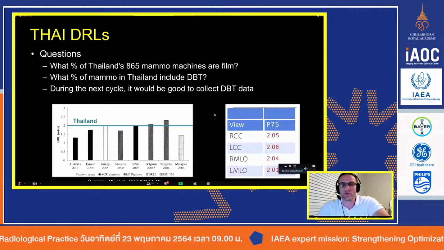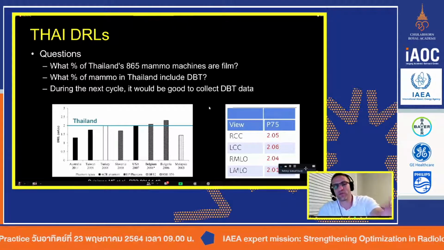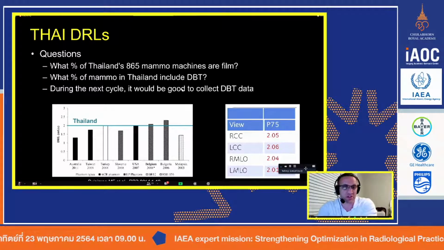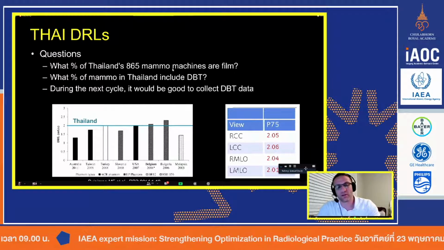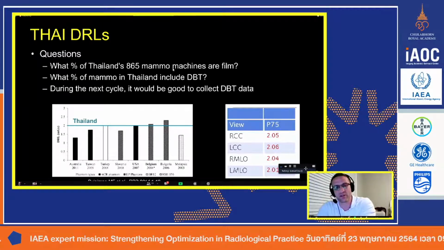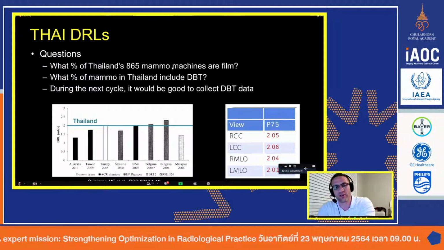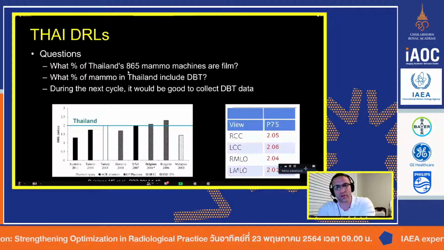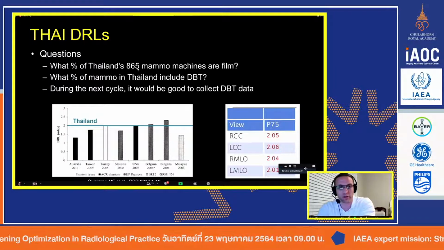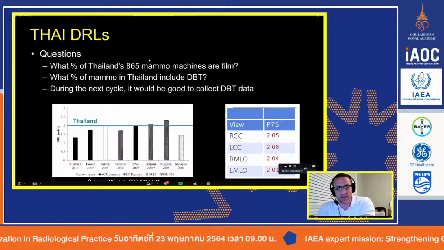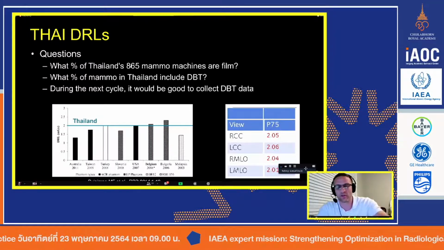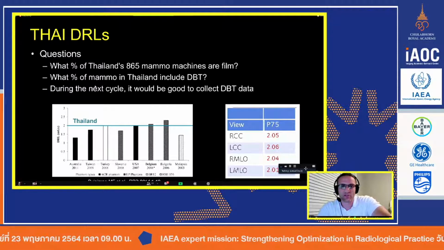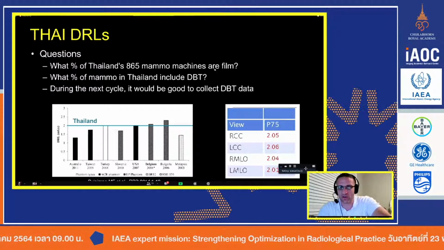As you move towards the future, here are just some questions that I asked. Questions that you can either answer, or we can talk about in the conversation in a moment, or you can think about as you go forward with the next round of DRLs in mammography. You have 865 mammo units as of the time of your collection. My question is, what percentage of those are film?